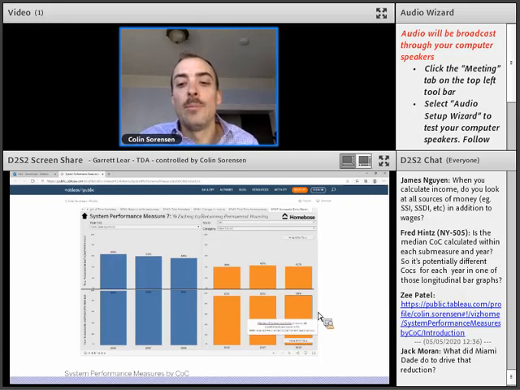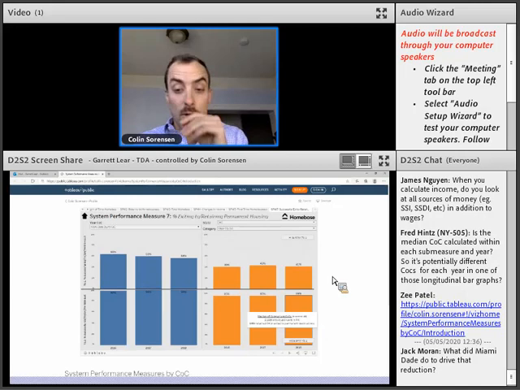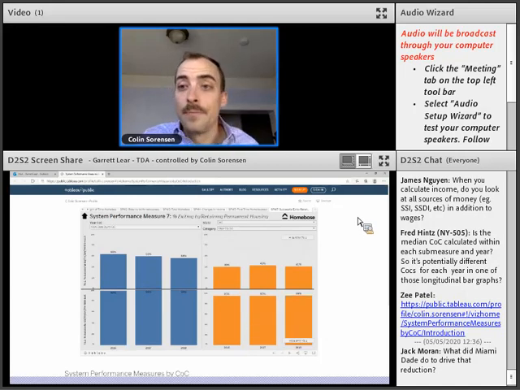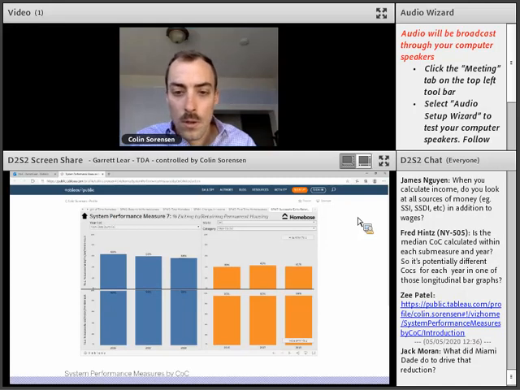So if one CoC has a really high bed coverage rate and these other CoCs don't necessarily have that high bed coverage rate, then the HMIS count might look drastically different than reality. Whereas here with the PIT count, assuming they're using the same method the entire time, it's not affected by a bed coverage rate.